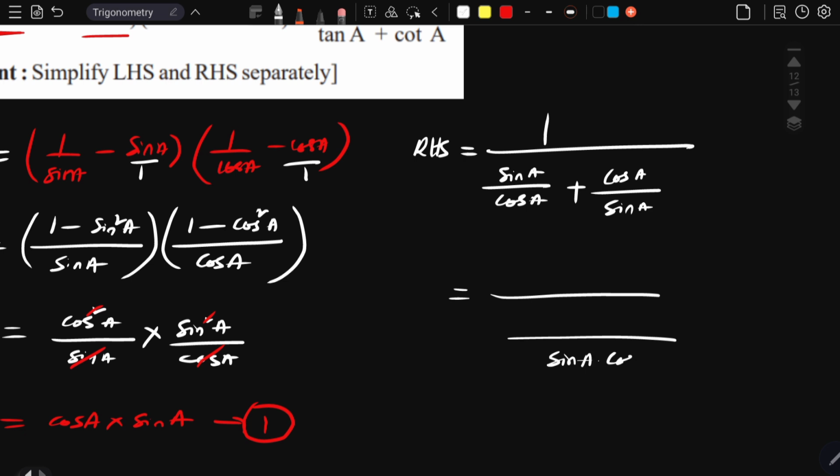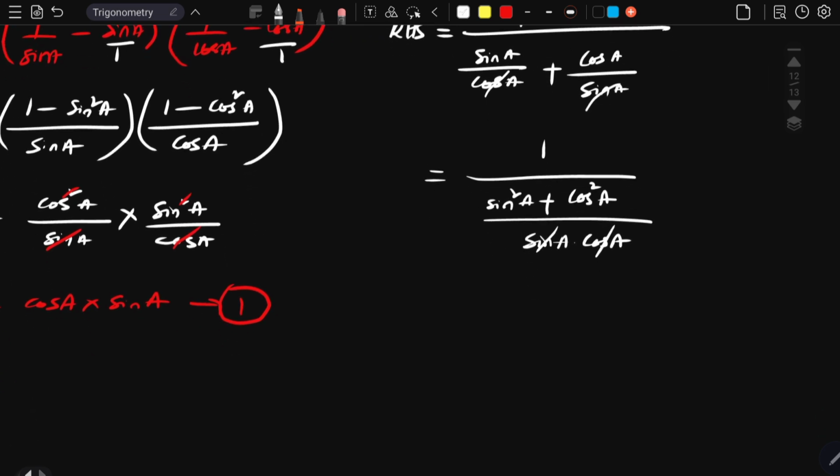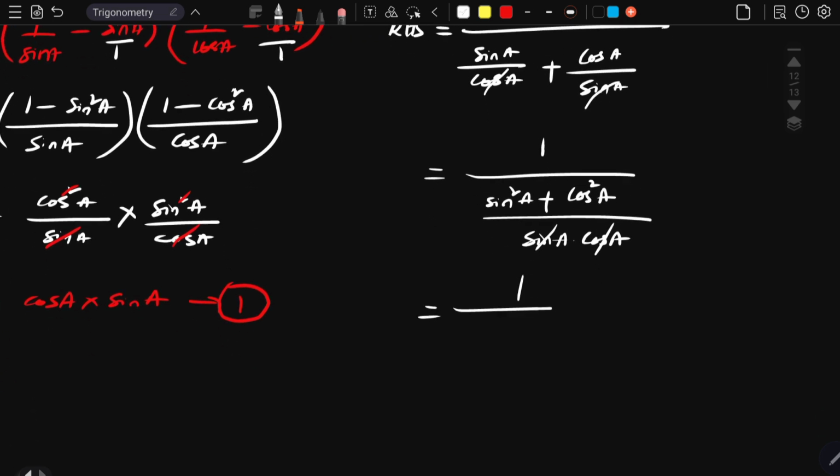Here cos a cancels, sin a multiplied by sin a becomes sin square a, plus sin a cancels, so cos a into cos a gives cos square a. Numerator is 1, and this can be further written as 1 by sin square a plus cos square a, which is 1, an identity, divided by sin a multiplied by cos a.